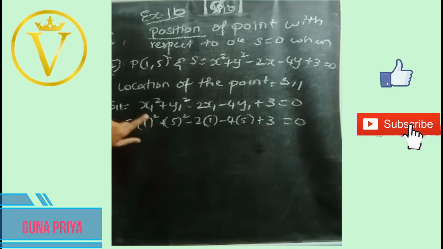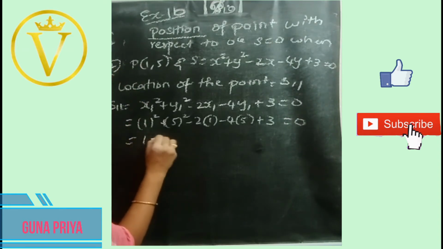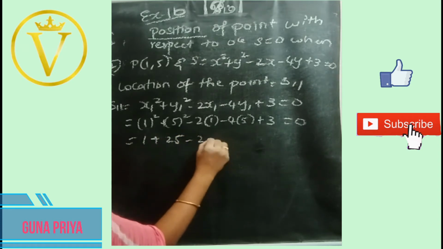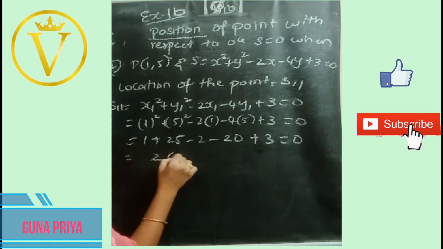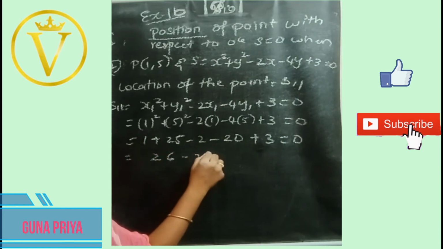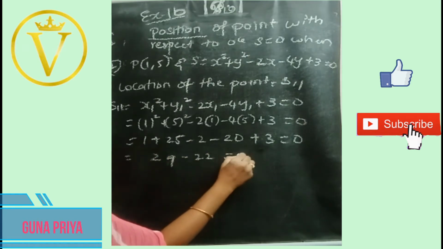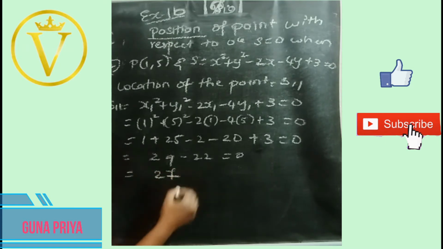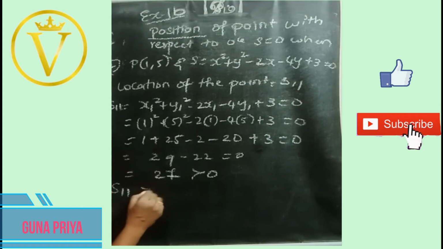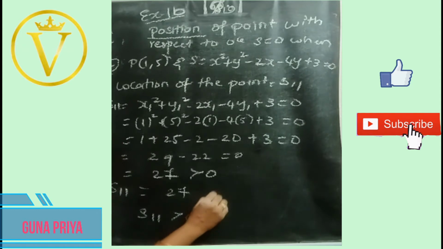Substitute the points. Don't confuse, very simple. 1 plus 25 minus 2, 20 plus 3. 26 minus 22, that means 26 plus 3 is 29 equals 0. Then you will get 27. 27 is greater than 0. So S11 is greater than 0.